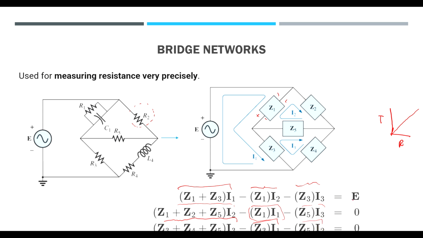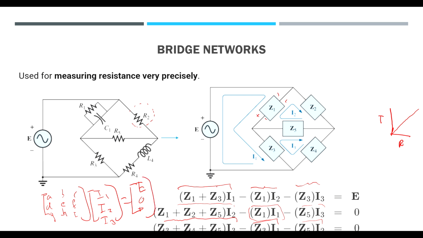If you were to solve this using linear algebra and you build your 3 by 3 matrix, be careful because you're going to have A, B, C, D, E, F, G, H, I, just 9 values. But you have I1, I2, and I3 equal to your voltage E, 0, and 0.